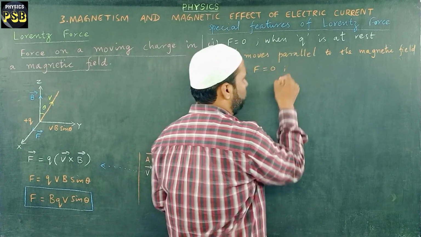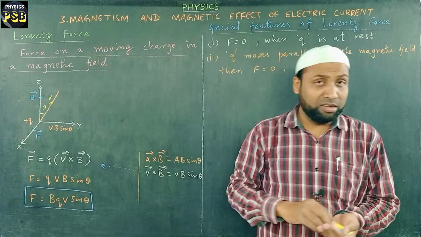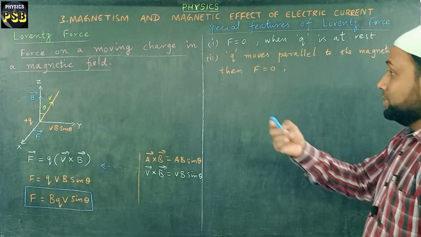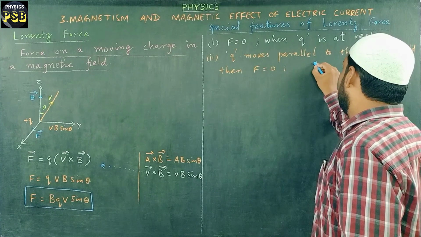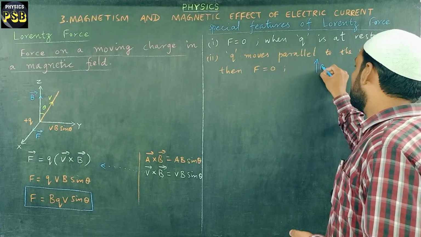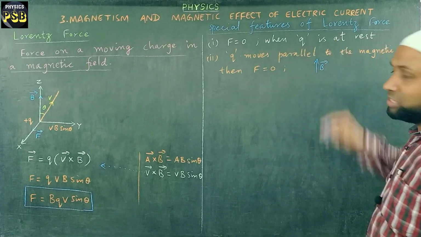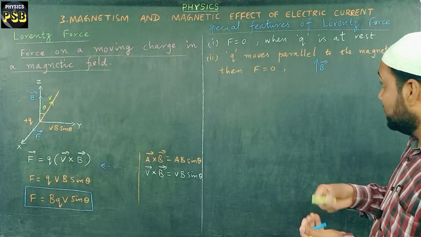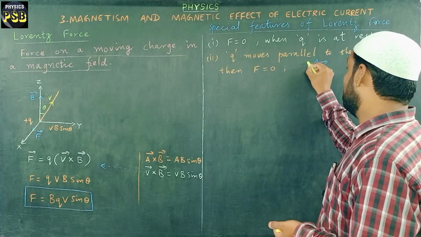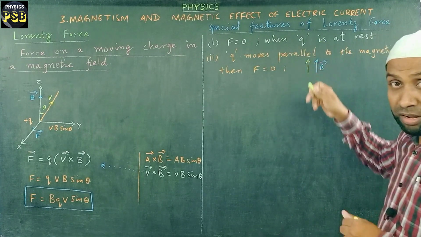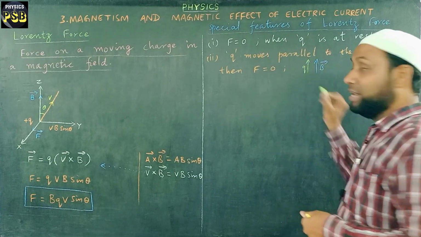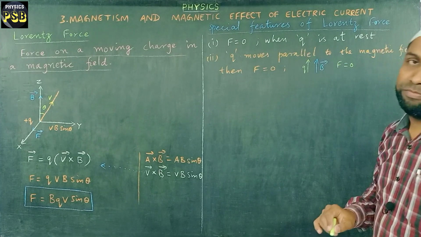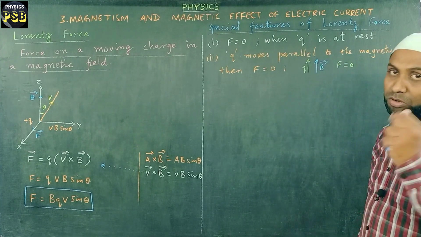Okay. What does it mean? Let me show this with the help of a simple diagram. Here, I consider this one as the direction of the magnetic field. The magnetic field acts in this direction. Then the charged particle also moves in the same direction, parallel to it. In such a case, the Lorentz force will be equal to 0.